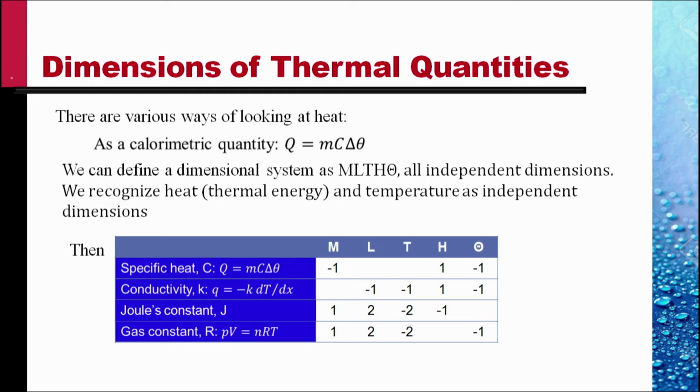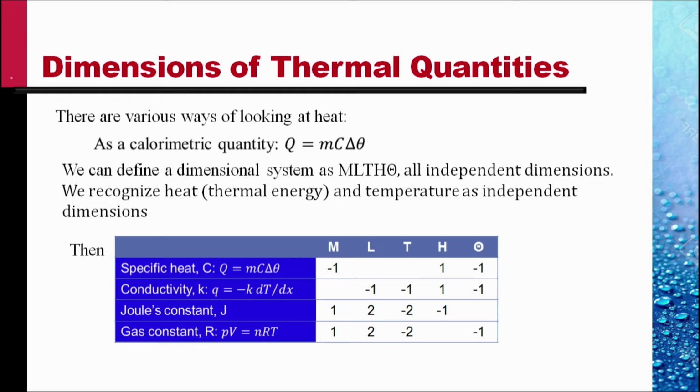We can define a system in which heat is a separate base quantity as well as the temperature, or rather temperature difference. We elaborate on this a little later, why temperature difference and not just the temperature. Actually, it is quite simple.